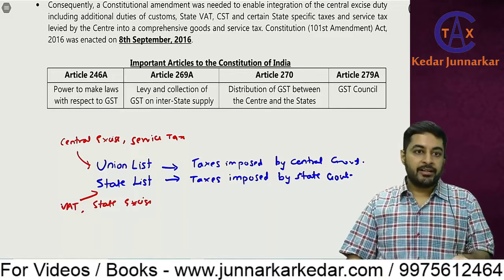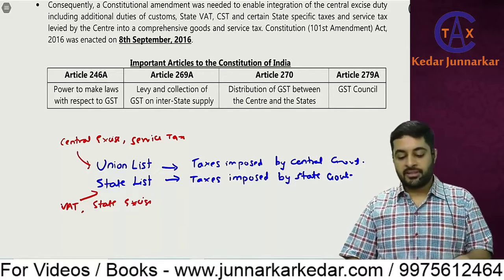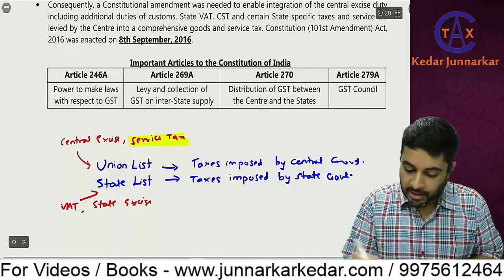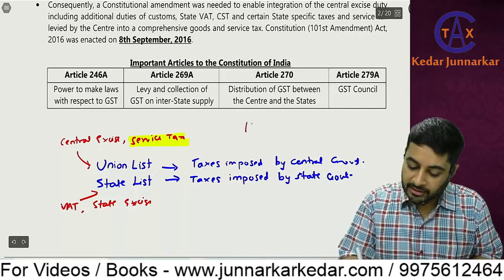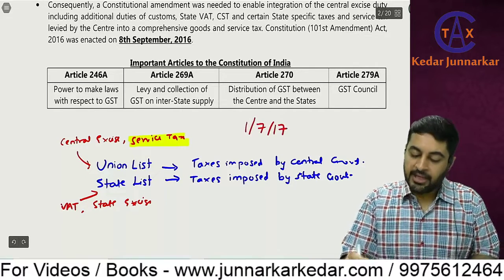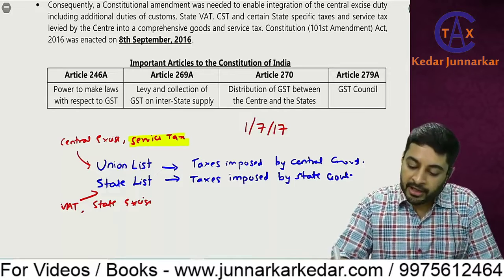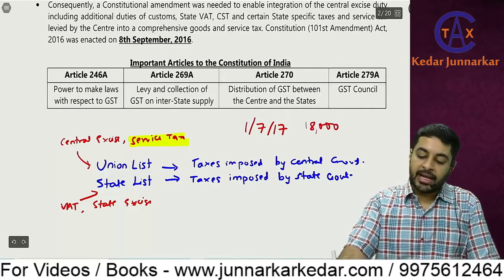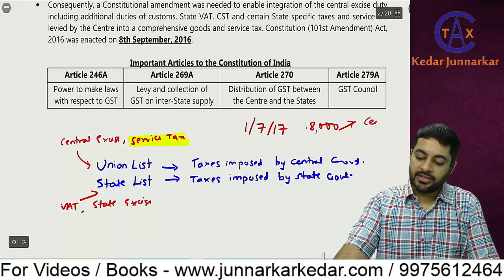Tax is to be collected by both the governments. So we'll take an example of a service. Now before 1/7/2017, if I am providing you a service and I am going to charge tax of 18,000, the entire tax was to be given to central government.